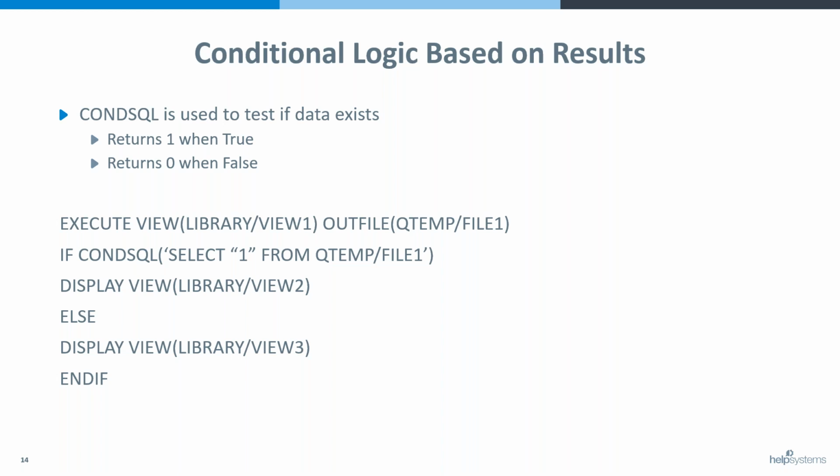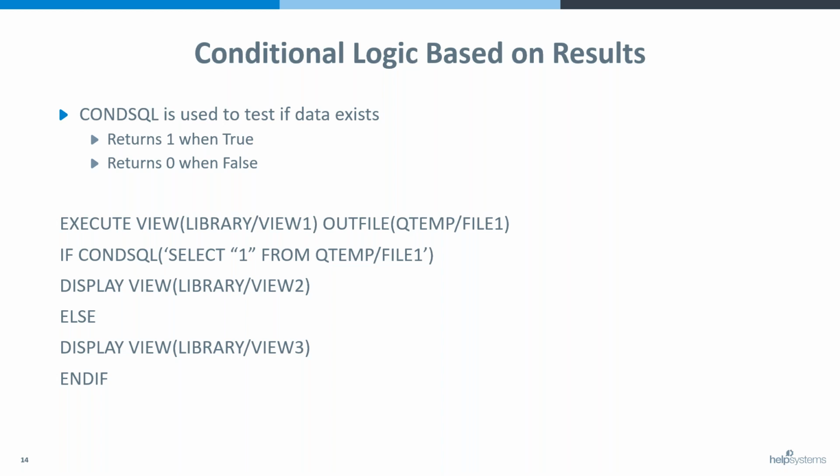The first thing we have to do is take our view that is our control that determines if there's records, what we do. And we take that, and in this case, that's our execute on that first line, and we take it, view 1, and we say, run this and build a file. And the reason I need to do that is because I need to run my condition SQL over that file.